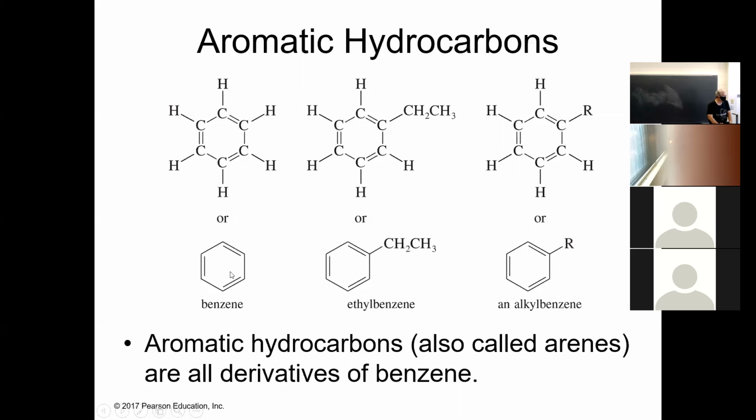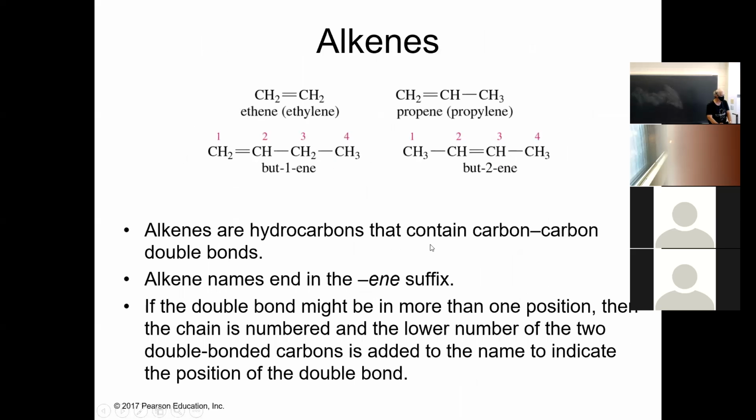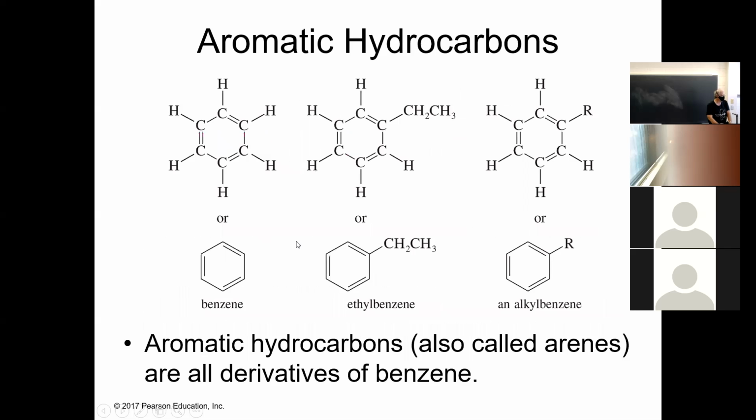Often the question comes up, if we look at the structure of benzene, we write this as a hexagon with alternating double bonds. We go back here, these are the alkenes. Okay, so why isn't benzene an alkene? Okay, well the answer is it reacts very differently from alkenes.